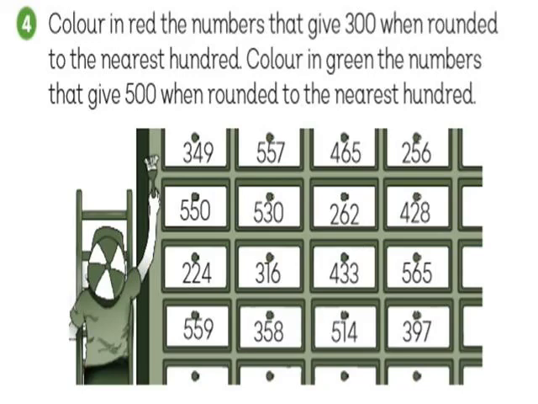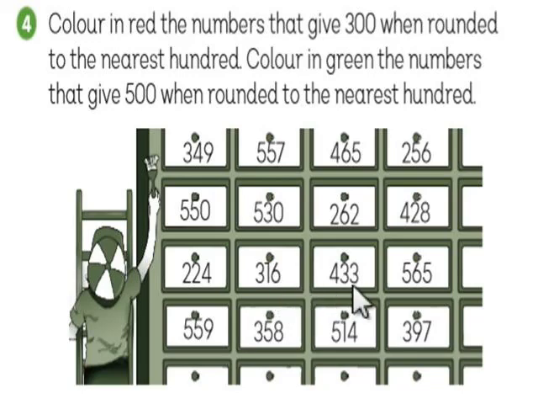Red or green? Red, because it is 300. 428. Can we color 428? No. Okay. How about 224? Can we color this one? No. 316. Can we color this one? Yes. What color? Red or green? It is color red, because when we round to the nearest hundred, it is 300.